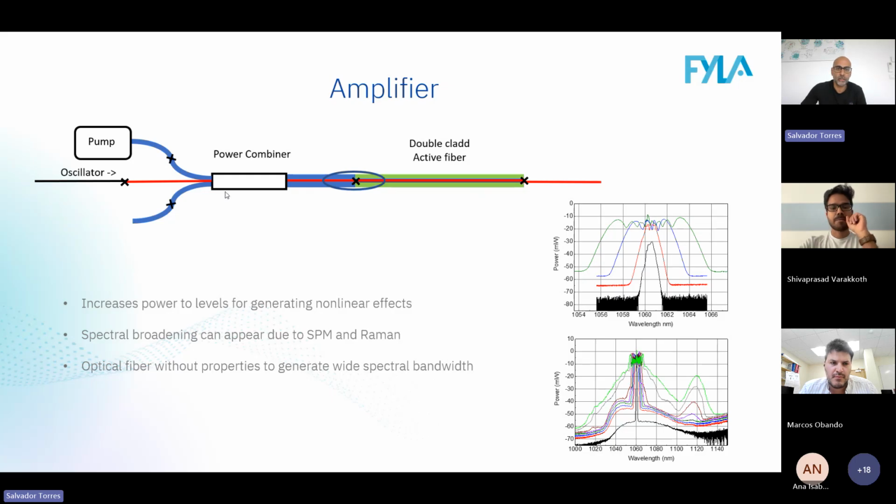Here, two effects can be clearly observed. One of them is self-phase modulation, characterized by the appearance of symmetric sidebands in the spectrum, and the other is the Raman effect, which translates into the appearance of a band on the long wavelength side here.